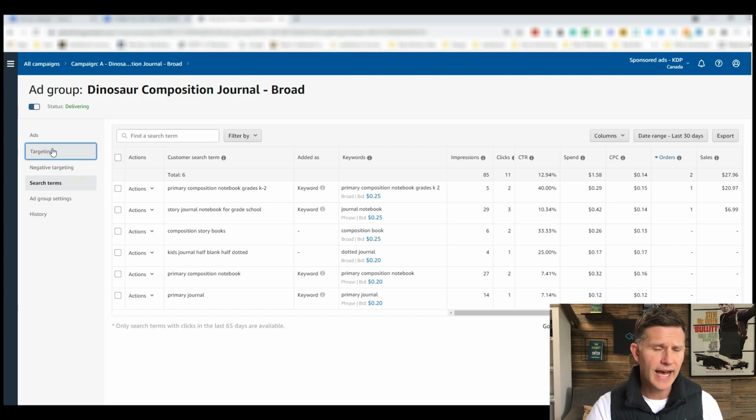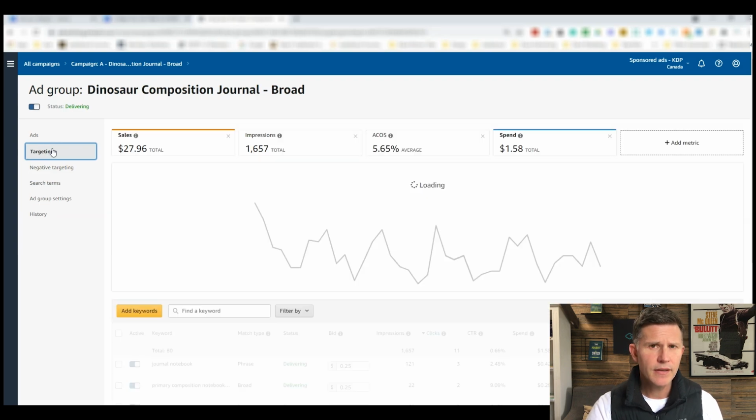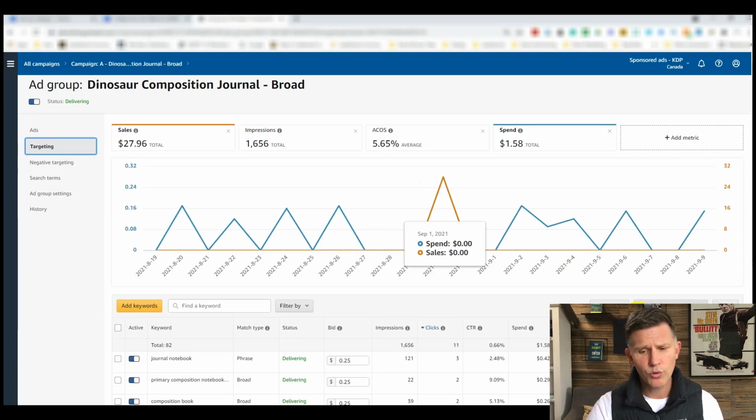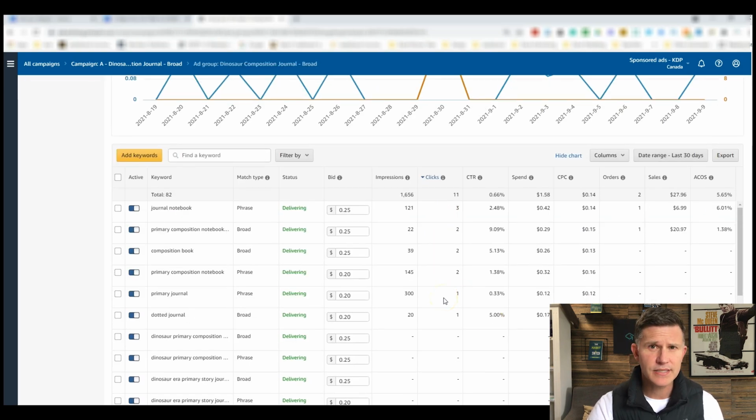Now, if we went back to targeting and we noticed that there was a keyword that had, say, more than 5 or 6 clicks with no sale, you would then consider what you need to do. So this is part of that pausing or trimming aspect. If Journal Notebook had, for me, I paused at around about 7 or 8 clicks and no conversions.